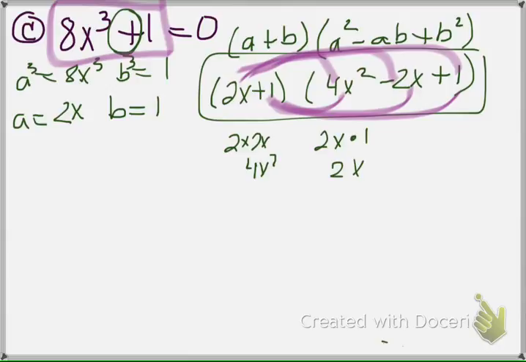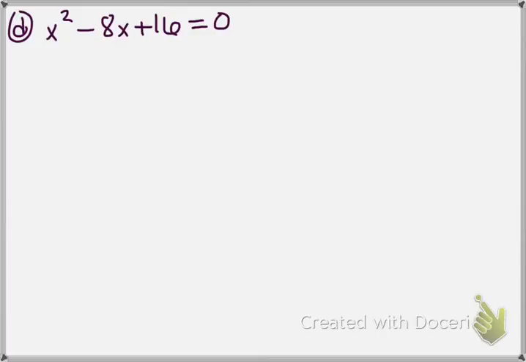Here, have you seen something like this before? Actually, yeah. This is factoring, where we would take the 16 and the negative 8. The last number goes here and the middle number here, and it's a negative. Well, 16 is positive.